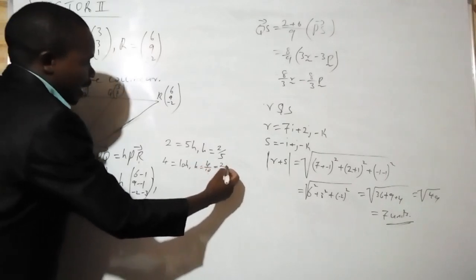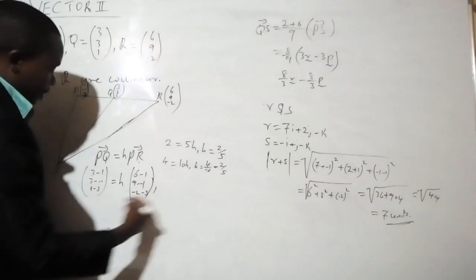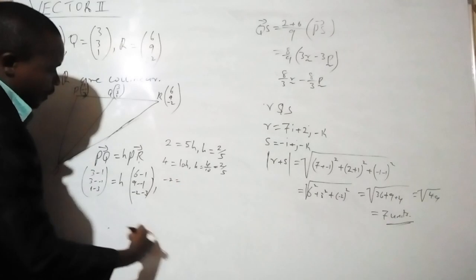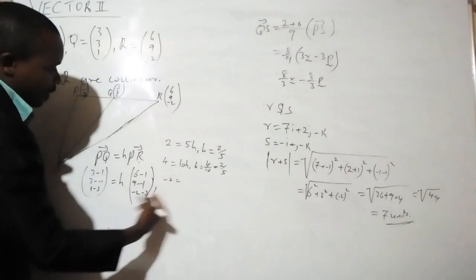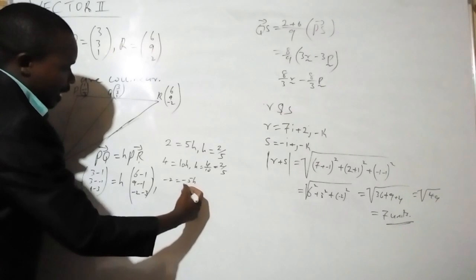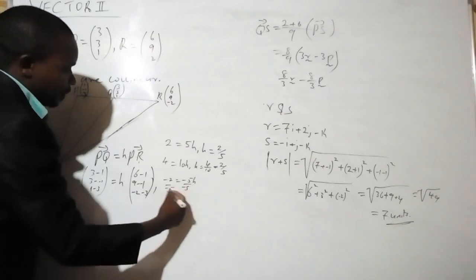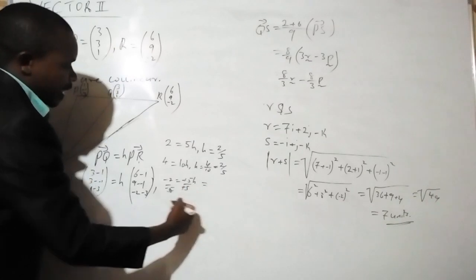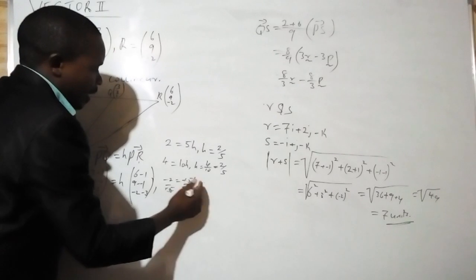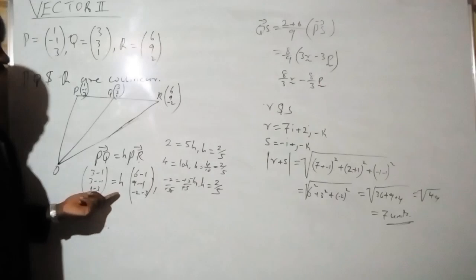We have said that h is supposed to be constant to all. Next, 1 minus 3 is negative 2, equals negative 5h. You divide by negative 5, negative and negative is positive, and h will be 2 over 5. That h is a constant.